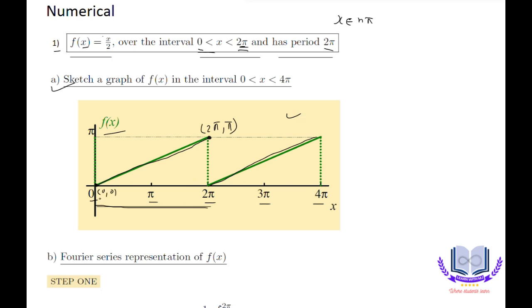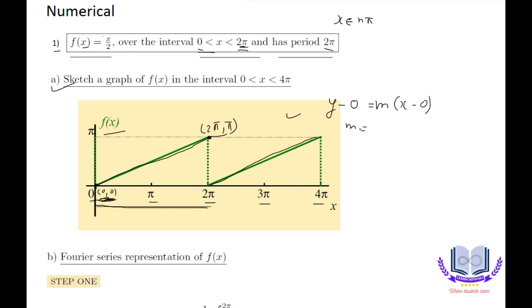As it is given that the coordinate for the starting point is (0, 0) and for the 2 pi point is (2 pi, pi), just take x0, y0 as 0, 0 and x1, y1 as 2 pi, pi. So the formula says y minus y0, where y0 is 0, equals the slope m times x minus 0.